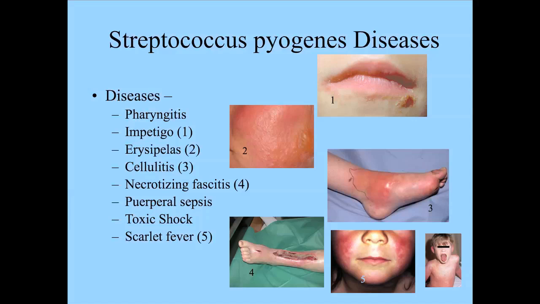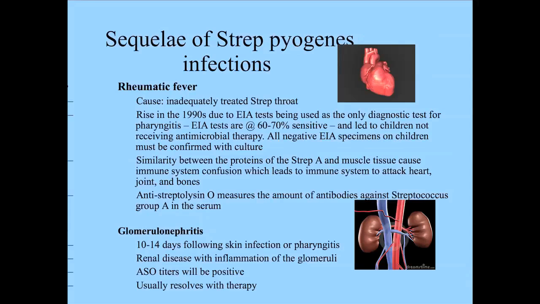On the next slide is discussed the very important sequelae of strep pyogenes infection. There's 2 important sequelae, rheumatic fever and glomerulonephritis. Rheumatic fever is primarily caused by inadequately treated strep throat.